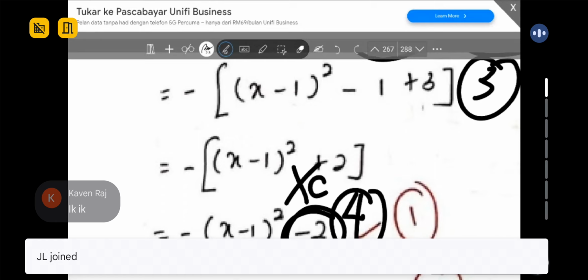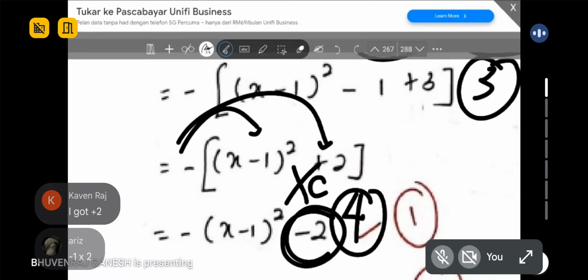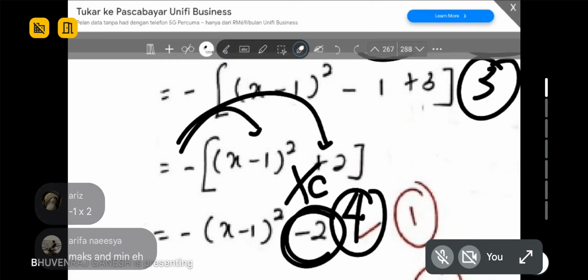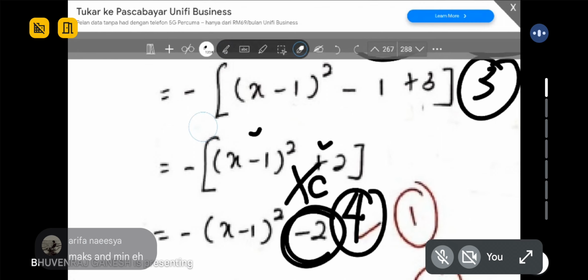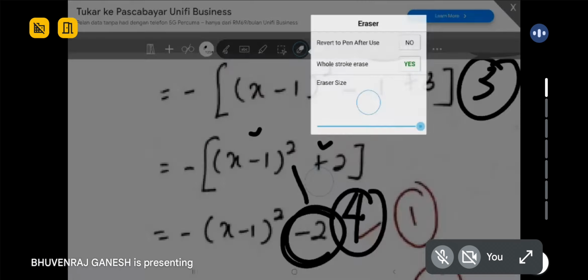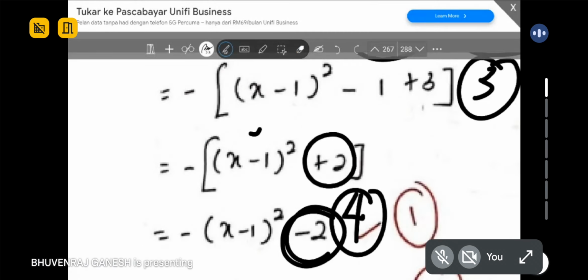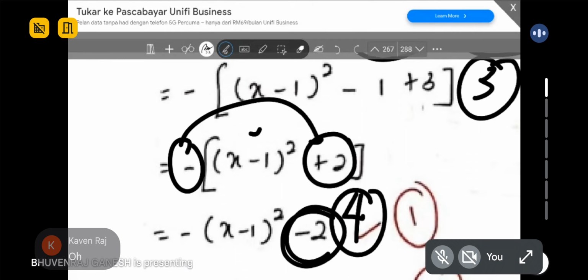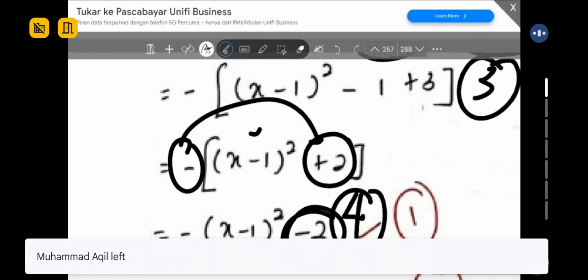You get negative 2 because you expand. Positive 2 is inside the bracket, but actually must times negative. So negative, positive become negative. Understand?